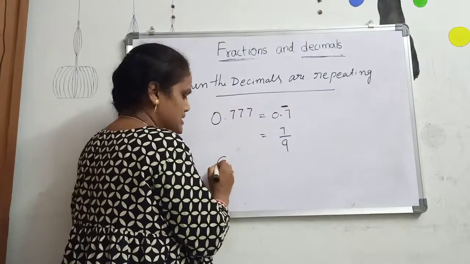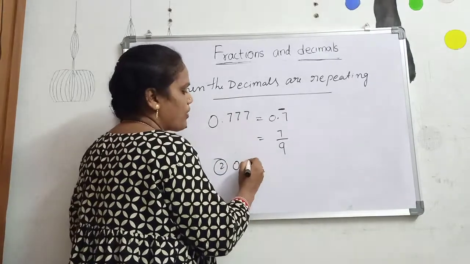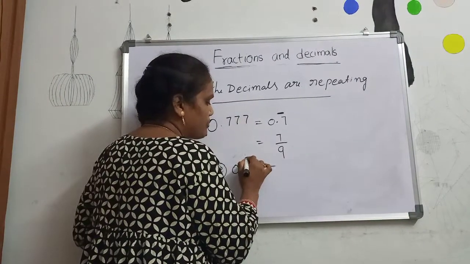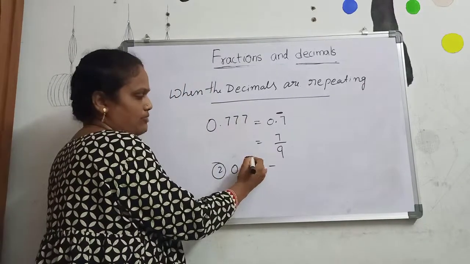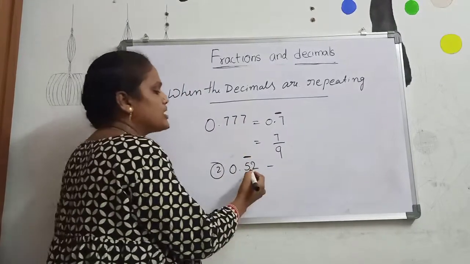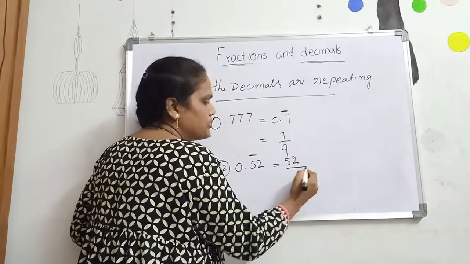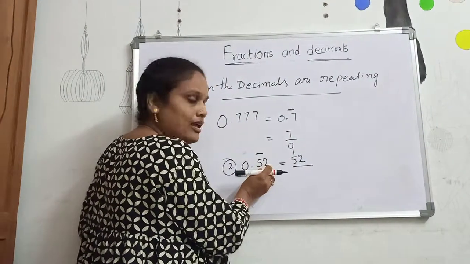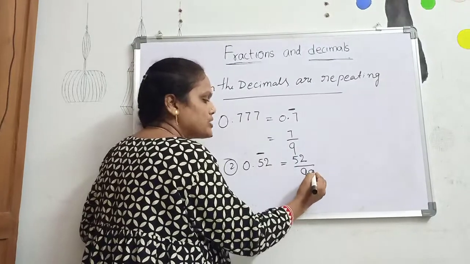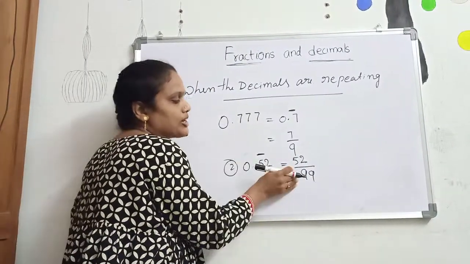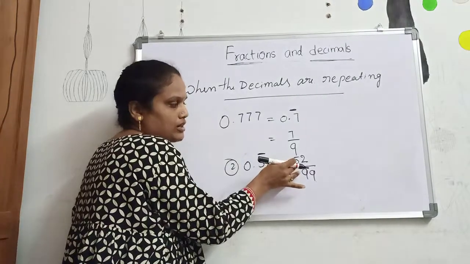For the second example, 0.52 with 52 repeating: the two numbers are repeating, so there are 2 nines in the denominator, right? So this number is converted into a fraction.